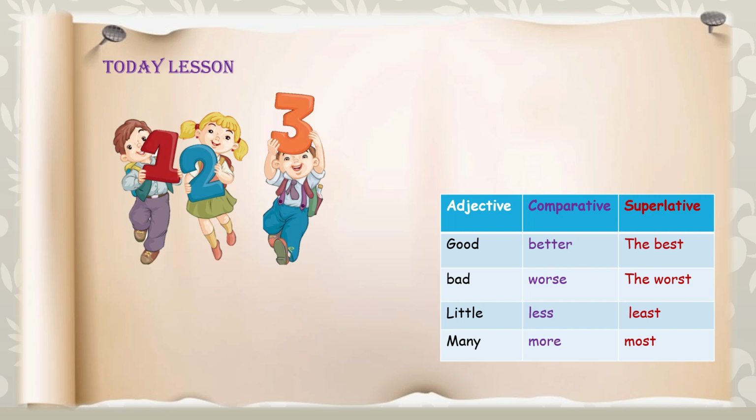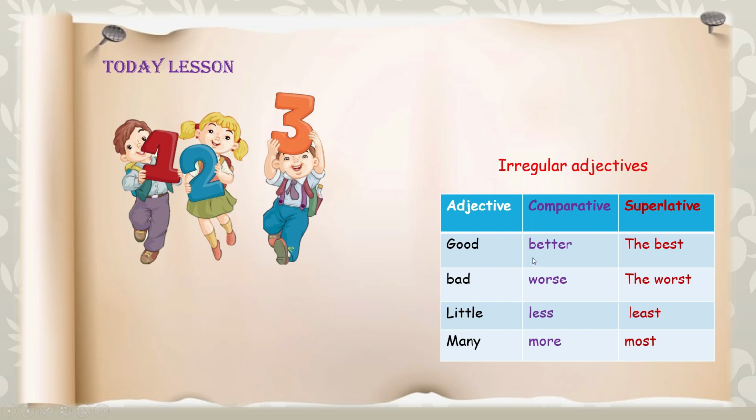and here are the irregular adjectives that you have to remember. Each one changes differently to comparative and to superlative. The word good, as we remember from the previous video, becomes "better" in comparative, and in superlative it will be "the best."